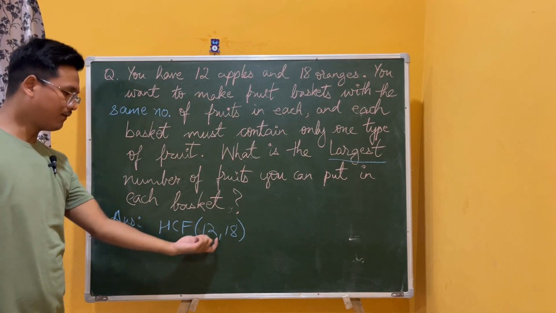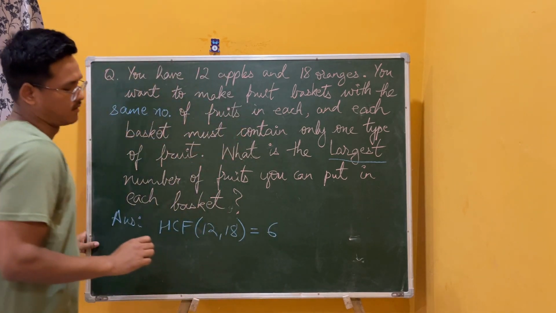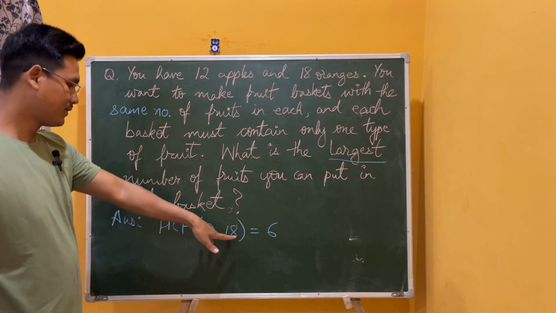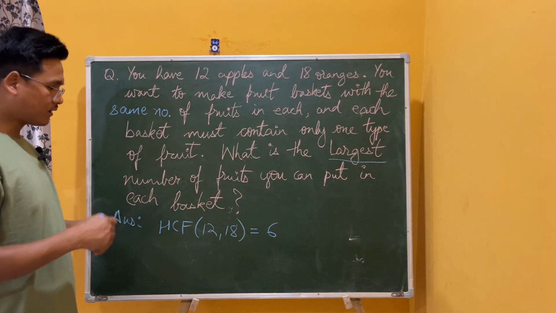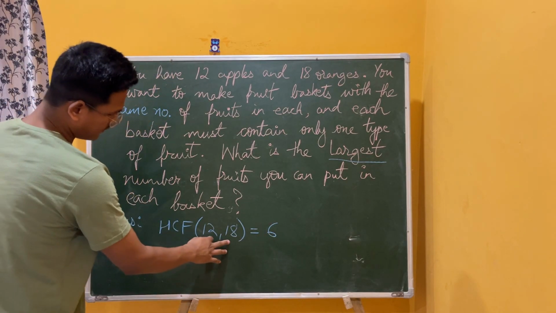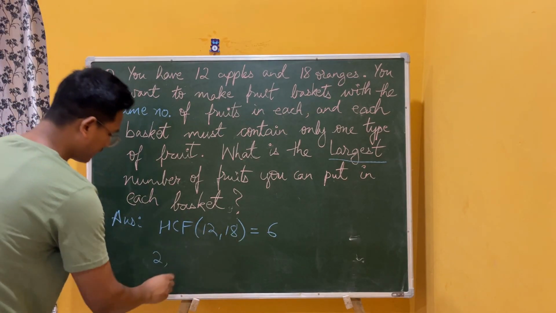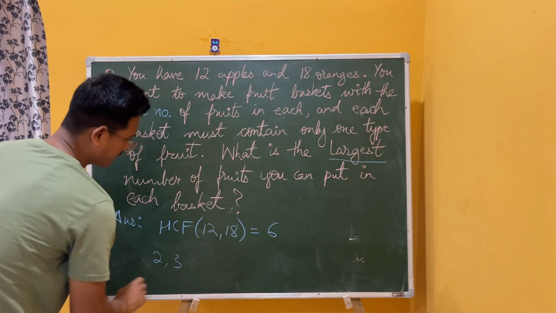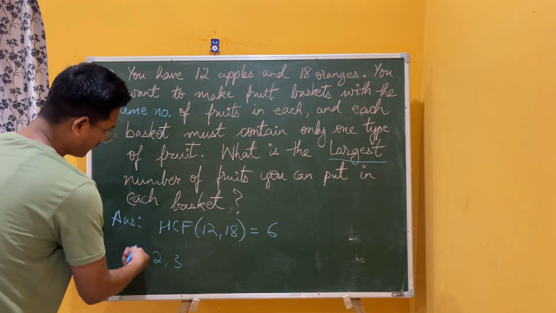Now HCF of 12 and 18 is 6. You prime factorize them individually and check, it is 6. Other common factors of 12 and 18 are 2, which divides both of them, 3 divides both of them, and 1 is always there.